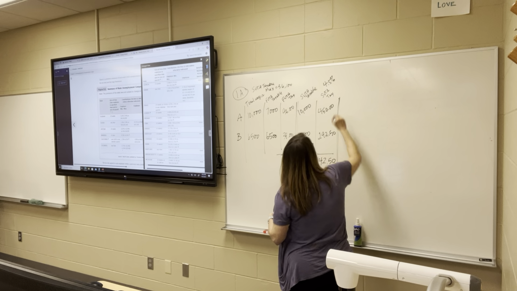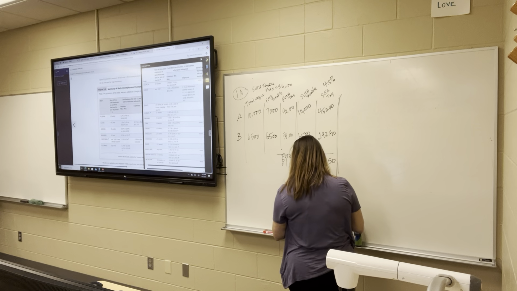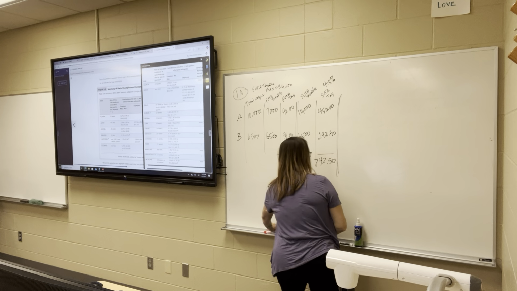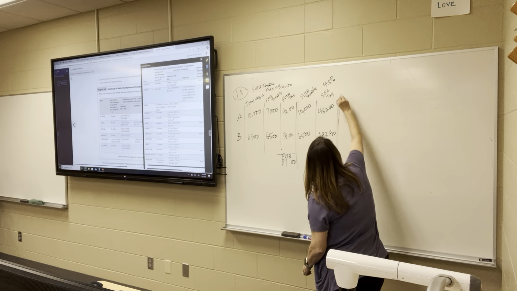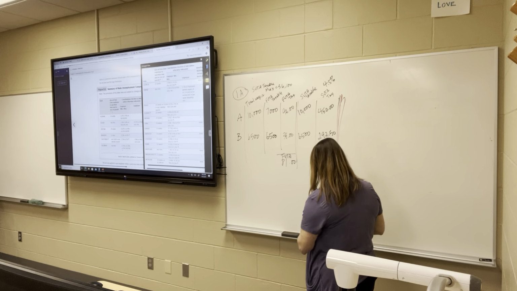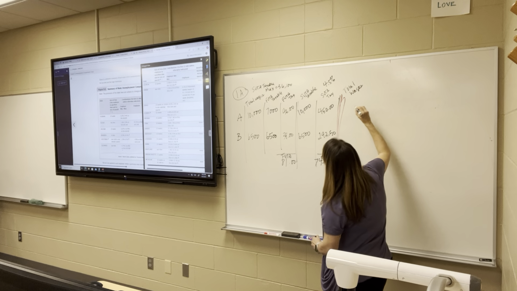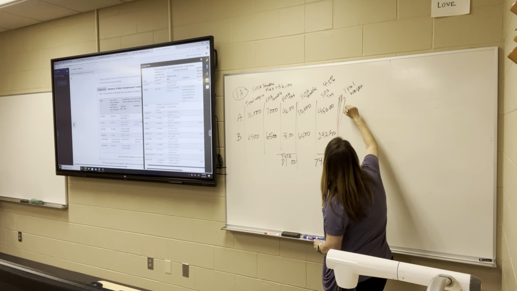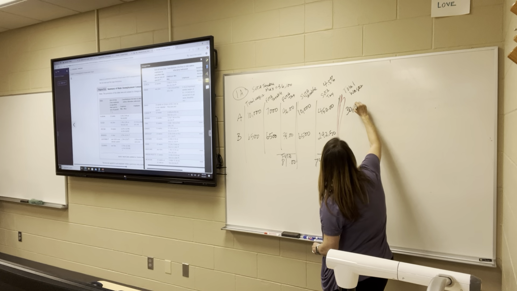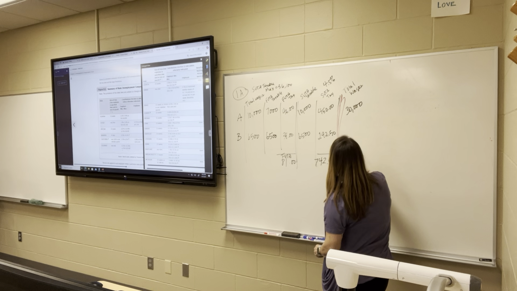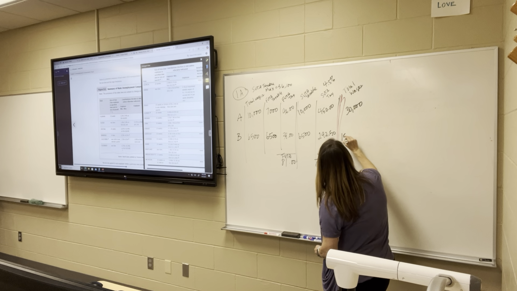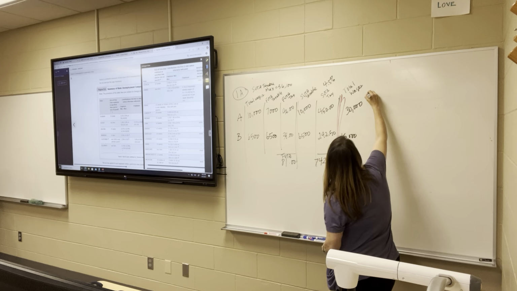Let's look at the second quarter. Kind of a dividing line here. So let's say for the second quarter, employee A had total wages of $30,000, and employee B had total wages of $15,000. All right.